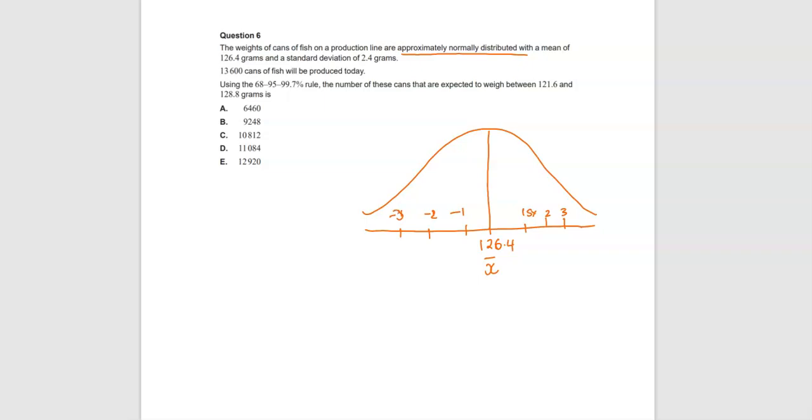Then it tells you a number. This is how many we have in total. And it said, using the 68, 95, 99 rule, which you can only use when you have approximately symmetric data, how many, the number of cans that weighed between 121.6 and 128.